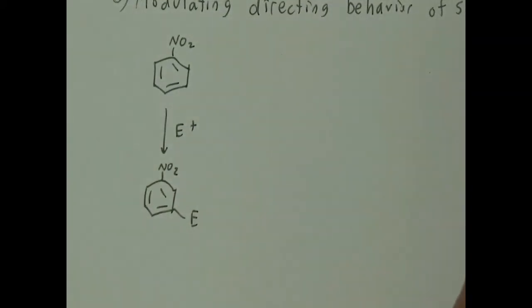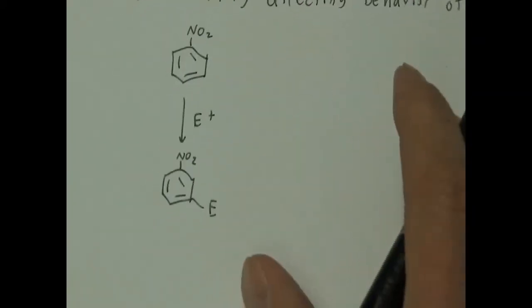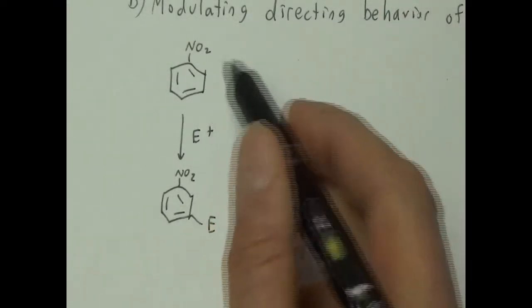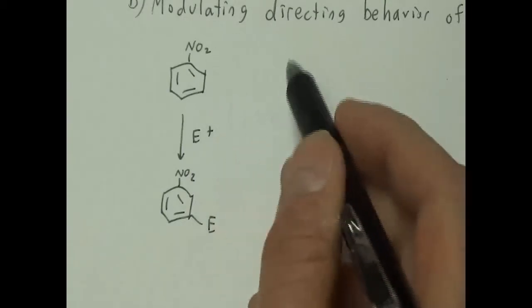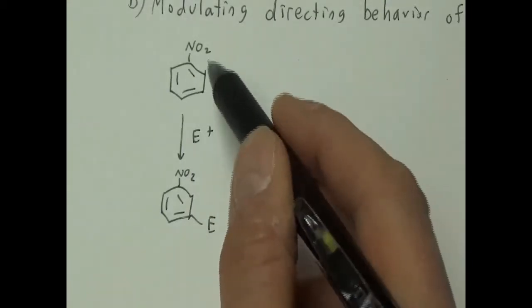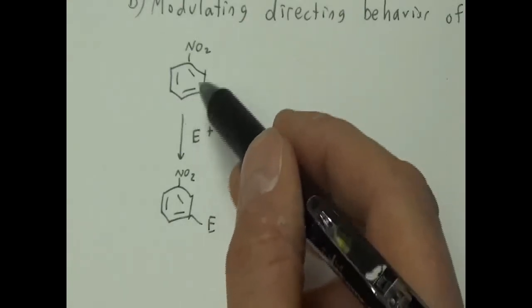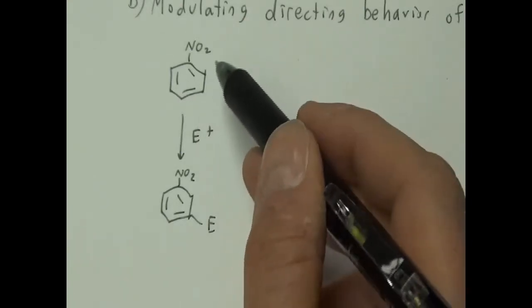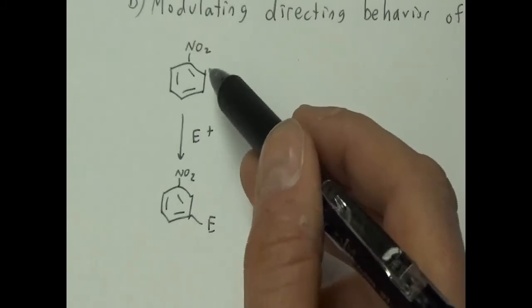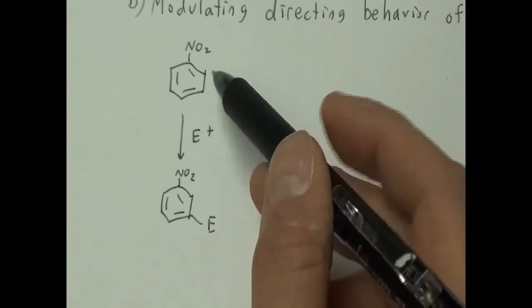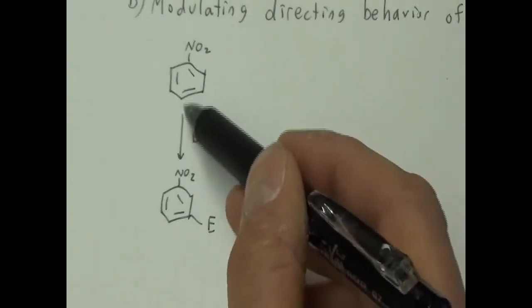Alright. Wouldn't it be cool if I could somehow turn that into an ortho-para director? And then turn it into something else and be able to attach stuff either to the ortho or para position or whatever, and then return it back to a nitro. This is a meta director, but can I convert it to an ortho-para director, for the purpose of installing the electrophile like at the para position?